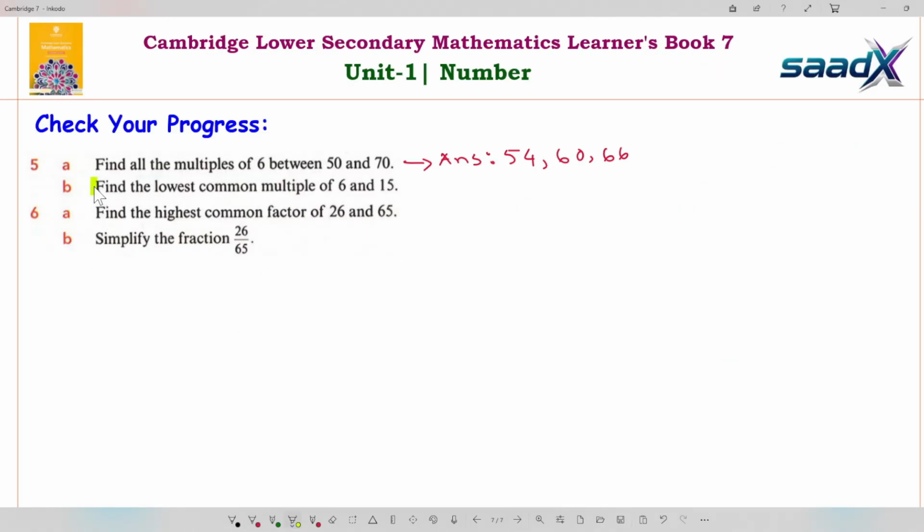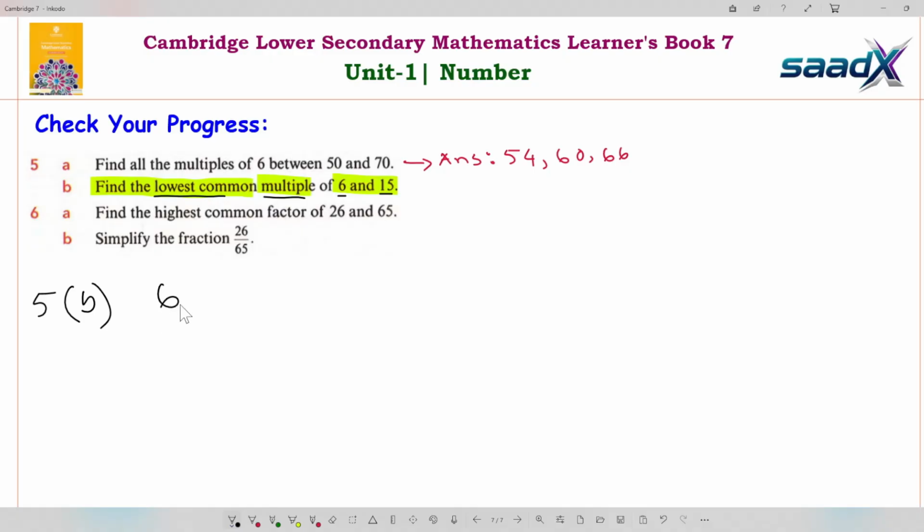Number B, find the lowest common multiple of 6 and 15. If you understand the question, half the answer is already done. So what is the meaning of lowest common multiple of 6 and 15? We have to find out the lowest common multiple. This is 5b.